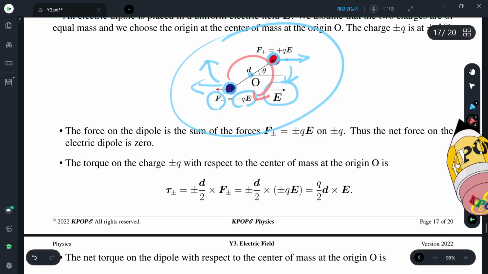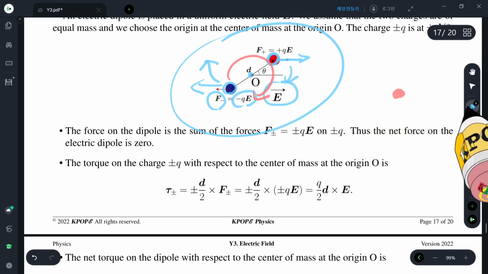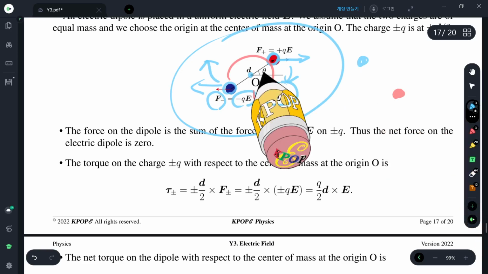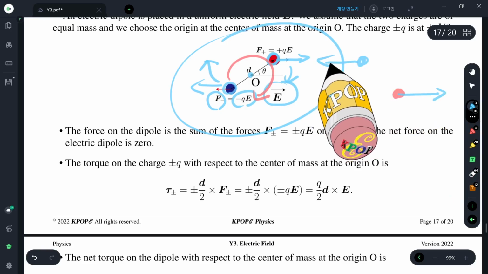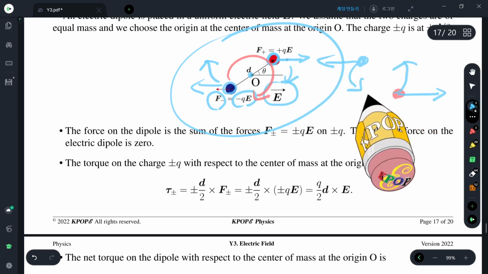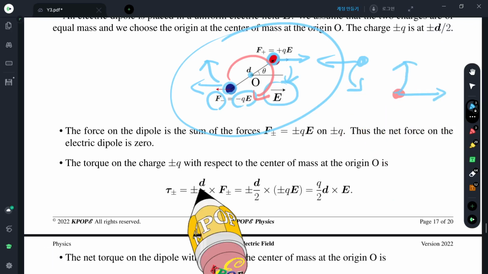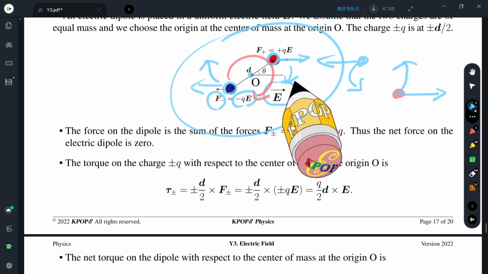What happens if the angle is on the other side? In that case, the force is like that, and it wants to rotate along the counterclockwise direction. So it is something like a pendulum.